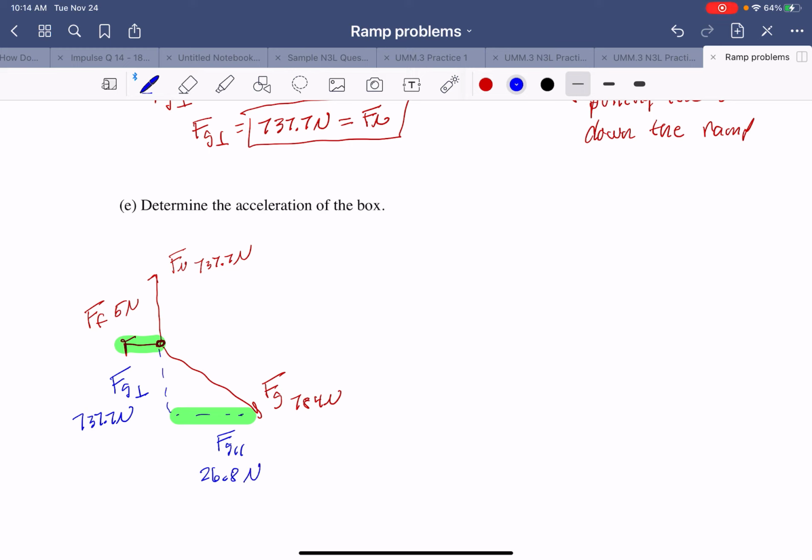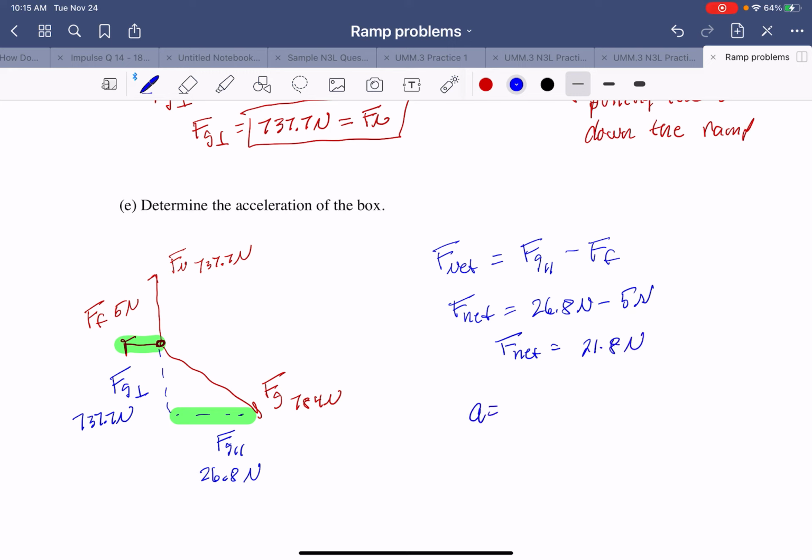The first thing I need to do is find my net force. My net force is the gravitational force that is parallel to the surface minus my friction force. So my net force is 26.8 newtons minus 5 newtons, which is 21.8 newtons.